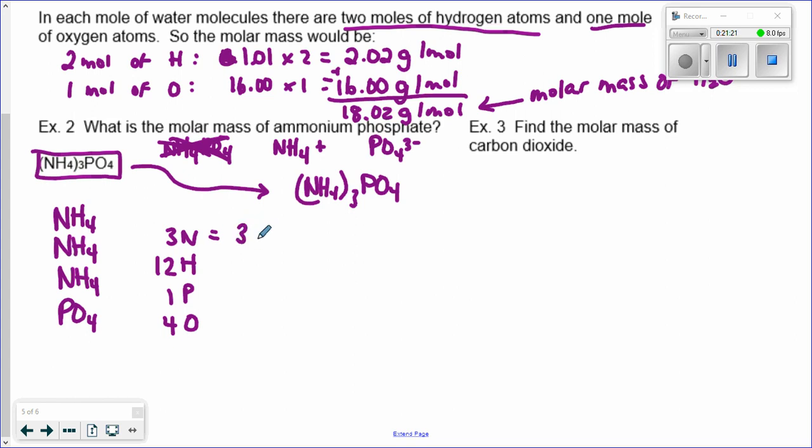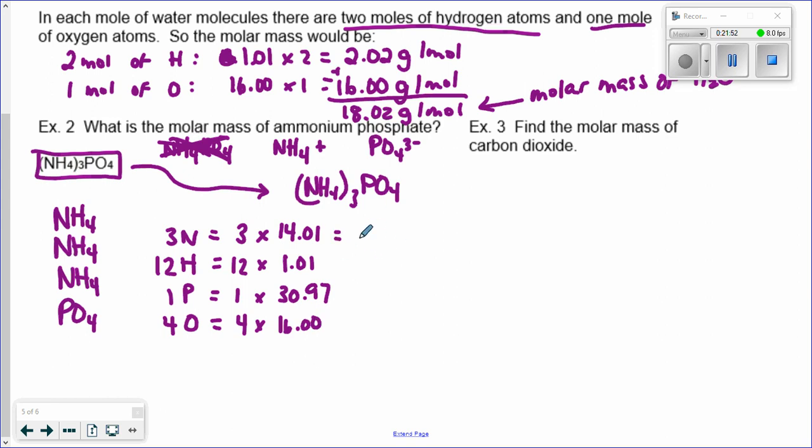We need to take 3 times our atomic mass of nitrogen, which is 14.01. We need to take 12 times the atomic mass of hydrogen, which is 1.01. Phosphorus, we're going to take 1 times the atomic mass for phosphorus, which was 30.97. And for oxygen, 4 times 16.00.